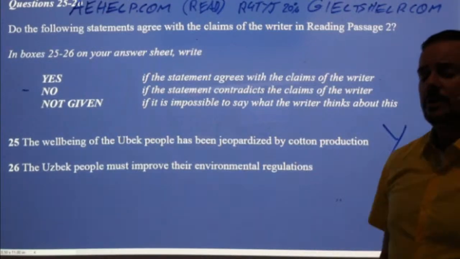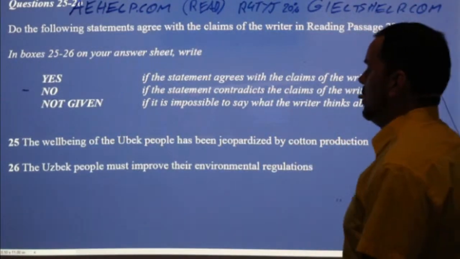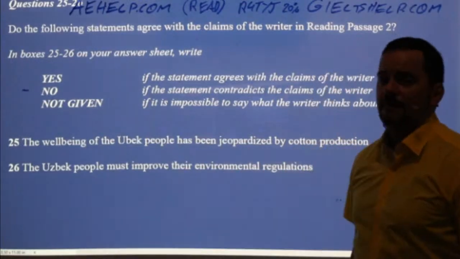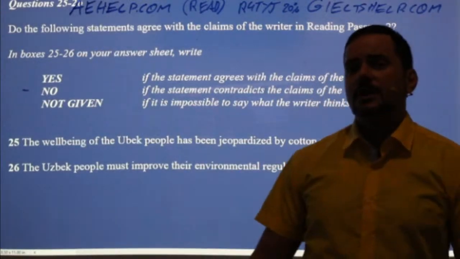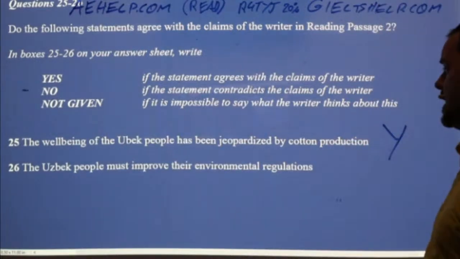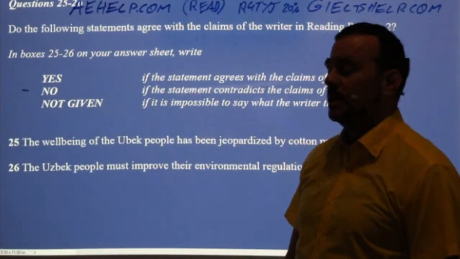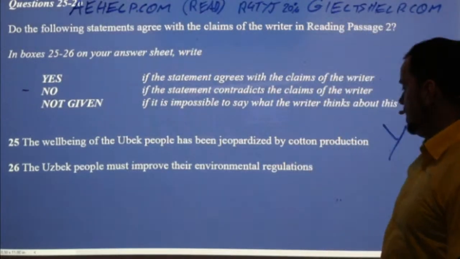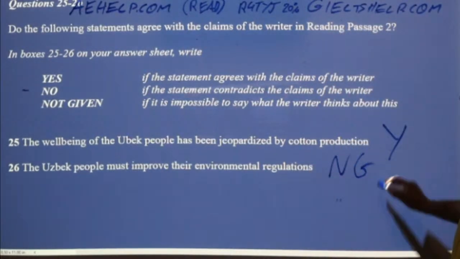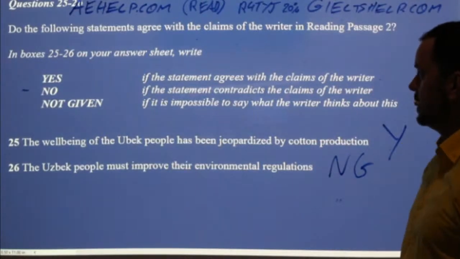It's not the focus of this essay. This essay is not focusing on what Uzbek people need to do, and in fact, we don't even know what's in Uzbekistan. They probably have improved their regulations, so this is not given. It's off topic. All right.